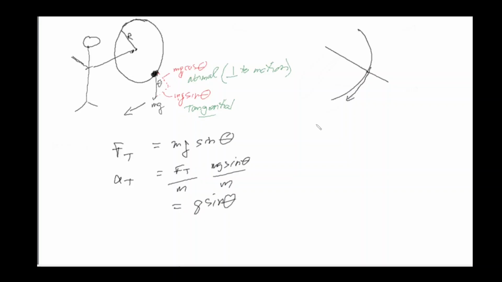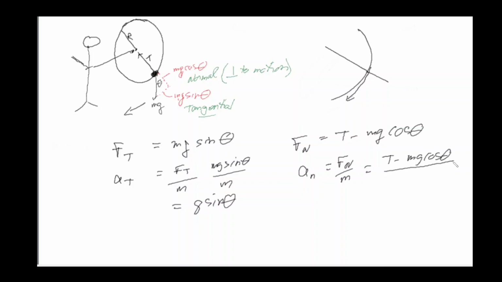And in the normal direction, the normal force is equal to the tension, which goes that way, minus mg cosine theta. And again, the acceleration in the normal direction is equal to force over mass, which would be T minus mg cosine theta over mass.